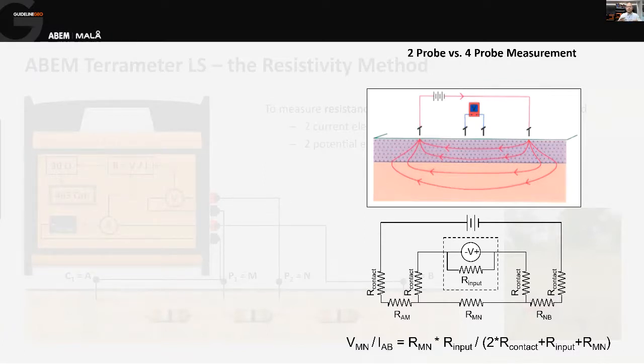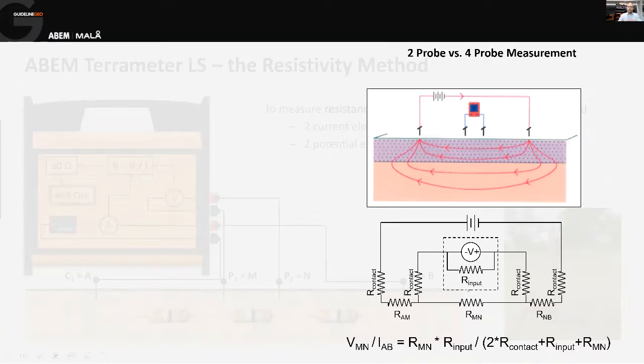And so we want to try and ensure that our signals are as big as possible to give us the best possible chance of detecting them. So we really need to try and either cancel out the effect of that contact resistance, that resistance of trying to get the current from the electrode into the ground, or alternatively, find a way to either build the instrument in such a way we cancel it out, or we reduce it when we're in the field. And that's something we'll talk about later in the presentation.